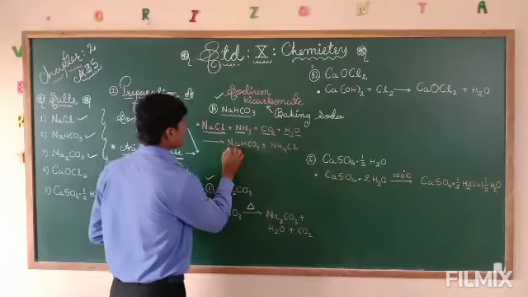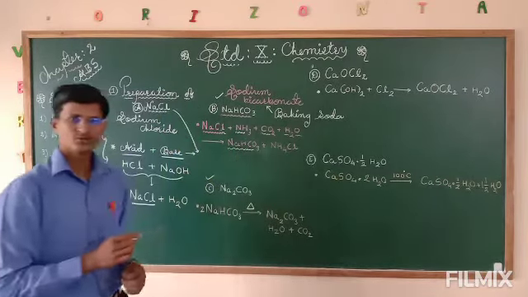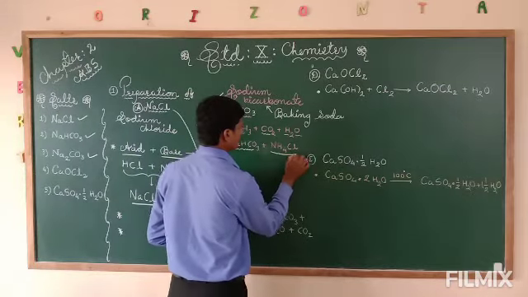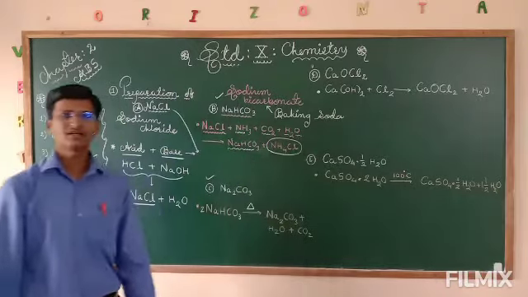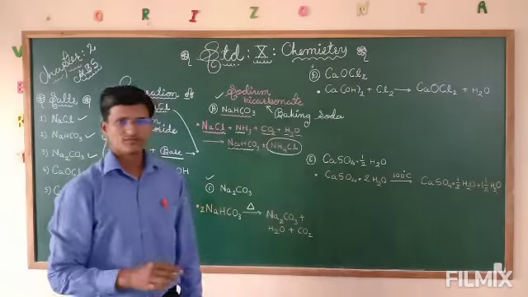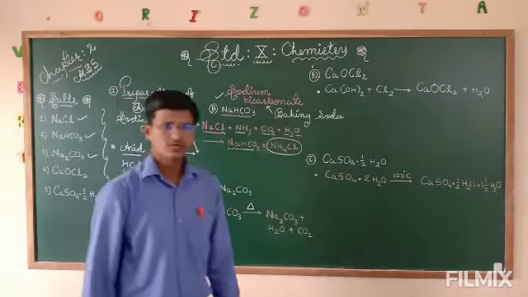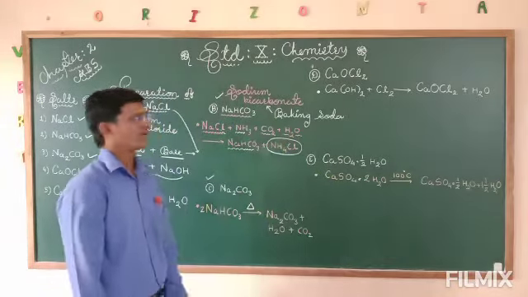It will give us NaHCO3, that is sodium hydrogen carbonate or bicarbonate, and it will liberate ammonium chloride as a product. This is very important, because in the exam they can ask you to write the chemical equation for the formation of sodium bicarbonate.